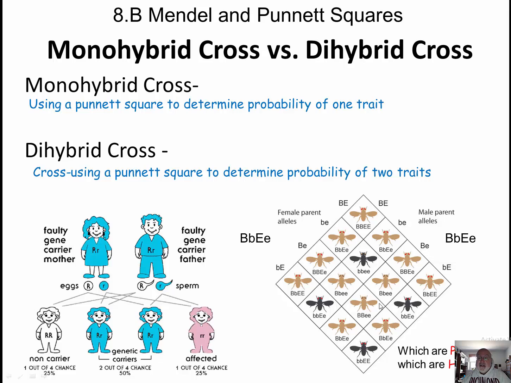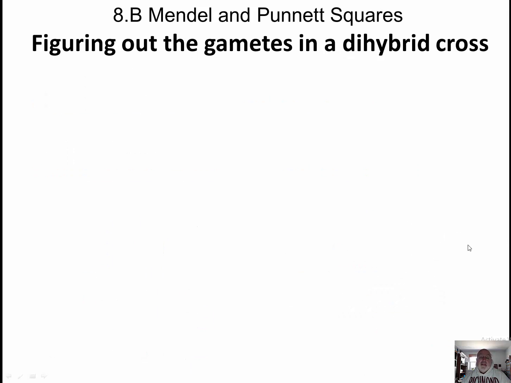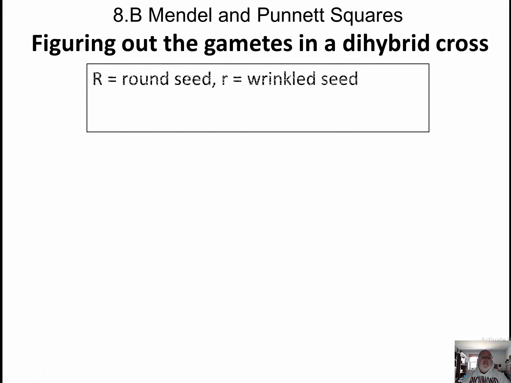Do you see any purebred in there? Should be one right there. And I think that may be it, because the rest of them all have a mixture. These are definitely hybrids.